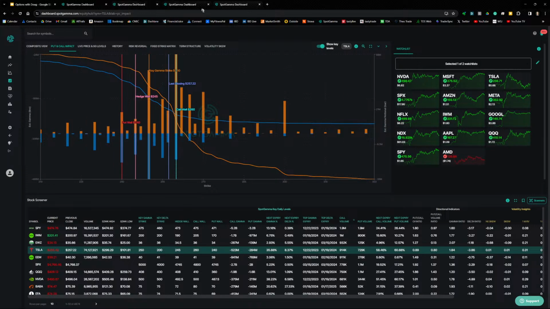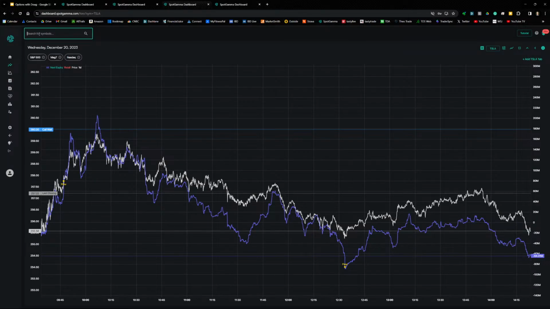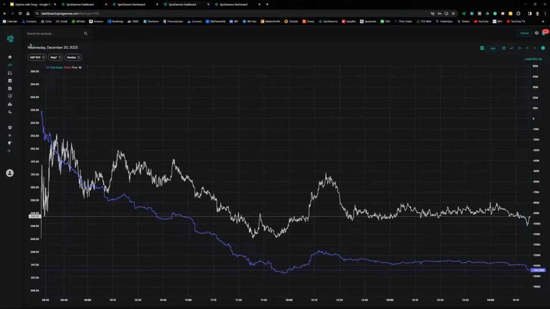All right, let's go back to Hero, and Paul wanted to take a look at FedEx. I don't have FedEx in Bookmap. We'll take a look at Hero, and traders taking negative delta positions in FedEx.